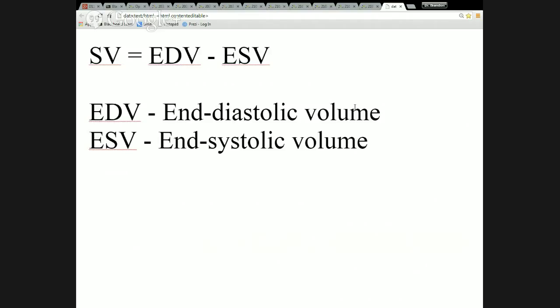That's the maximum volume, because that's at the end of ventricular filling, both the passive component and the active component at atrial systole.